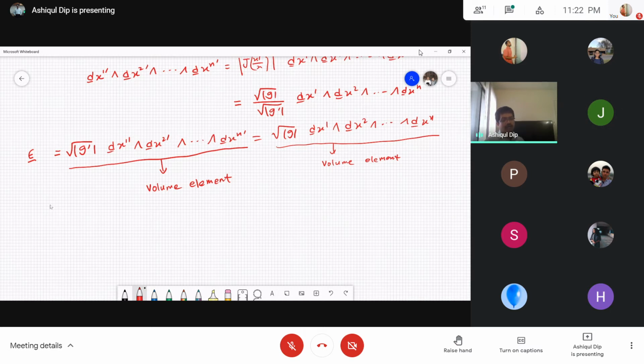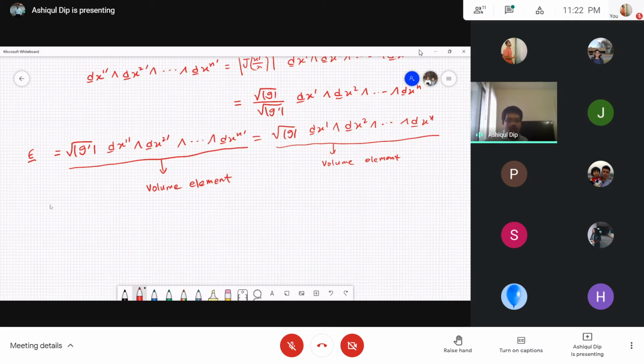If you are in n dimensions, it has length to the power n. If you are in 3 dimensions, then it's length cubed. We'll see more examples actually. I'm just constructing the theory first, then I'm going into the examples.